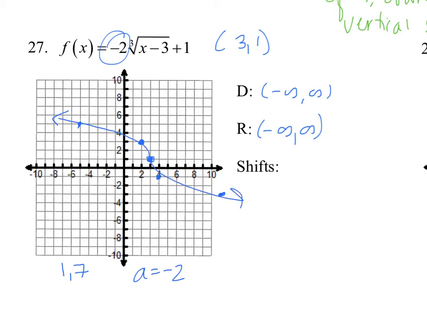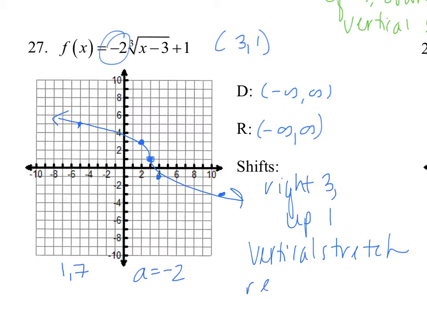Okay. So then the shifts are right 3, up 1, okay, vertical stretch, and reflected over the x-axis because your a value was negative.